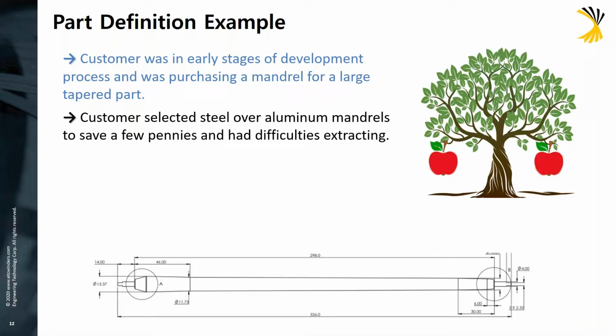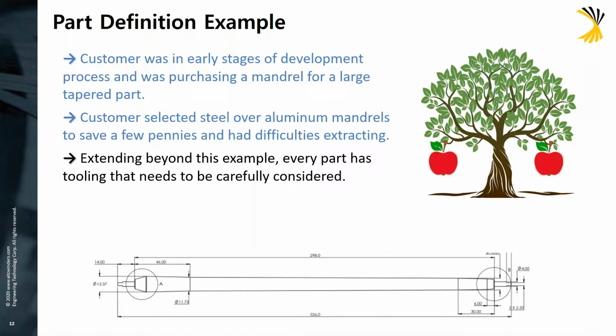So those few pennies that were saved purchasing the less expensive mandrel ended them up with several stuck parts on their mandrel. They could not extract the mandrel. It also ended up in extractor improvements, so they had to do more spending on machinery for their product, and it ended up in just a lot of headaches.